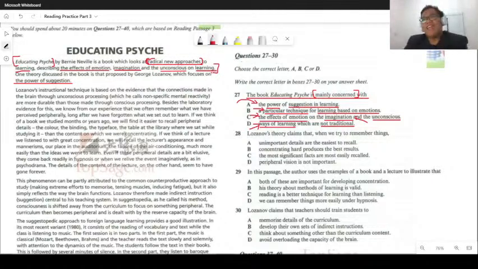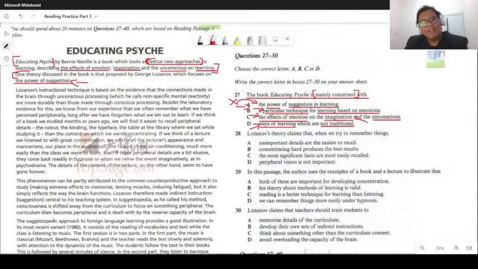So if we immediately take a good look at that, that's actually the main topic sentence. Why? Because the next sentence is one theory discussed. So one of the theories discussed in that book is that. So basically, the power of suggestion here is not part of the topic sentence. So A is completely wrong, because that's not part of the topic sentence.